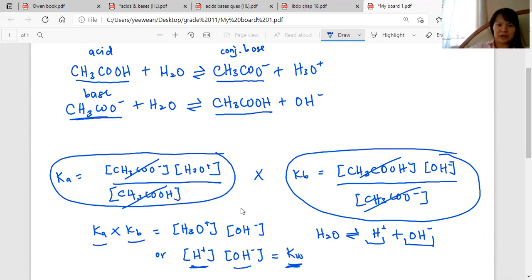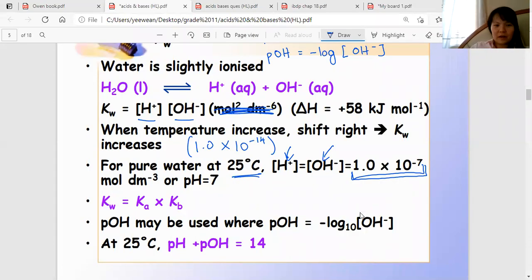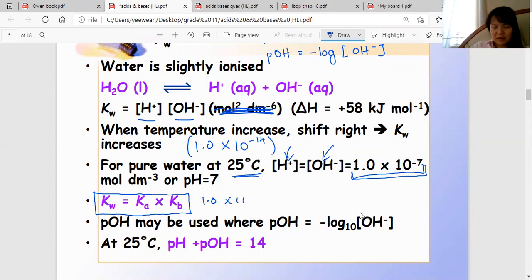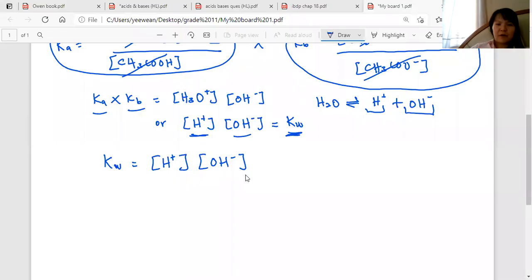So we have a new equation here. Therefore, we can conclude that Kw equals Ka times Kb, and that would be 1 times 10 to the power of negative 14 if it's at 25 degrees Celsius. Okay, remember that negative log means p, right? We had pH already, so I can p all of this.